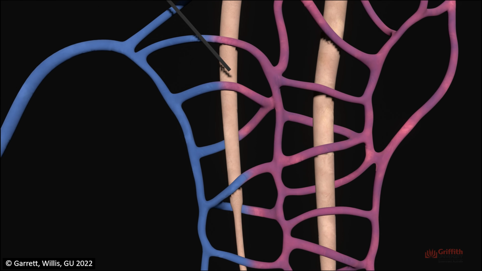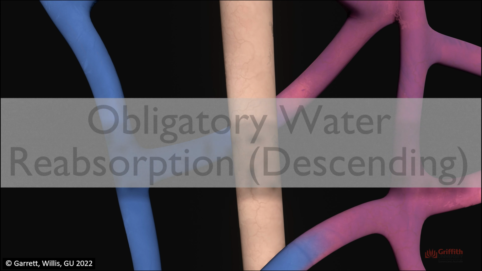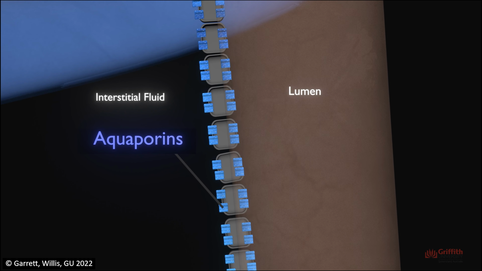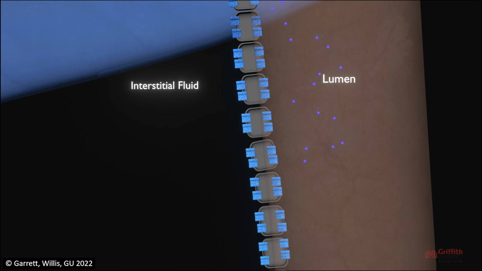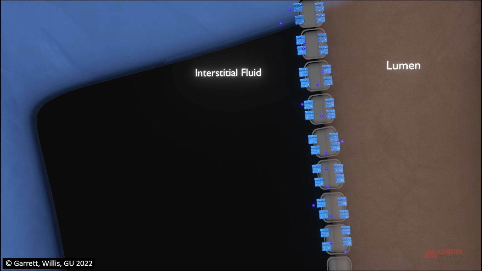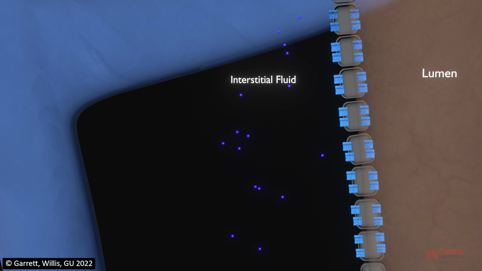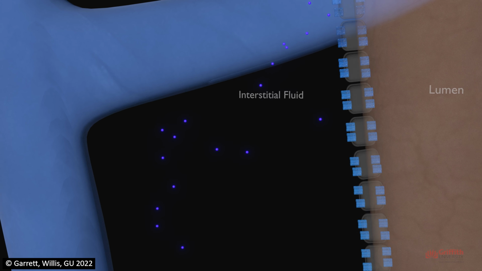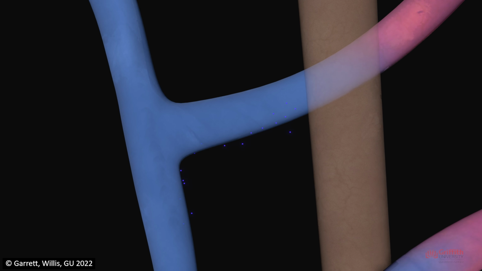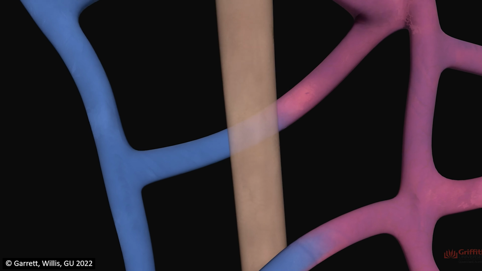While over on the descending loop, the presence of those solutes exiting the ascending side creates an osmotic pull, driving water out of the nephron through aquaporins, in the process increasing the solute concentration in the nephron, creating the gradient which drives solutes out of the ascending portion.